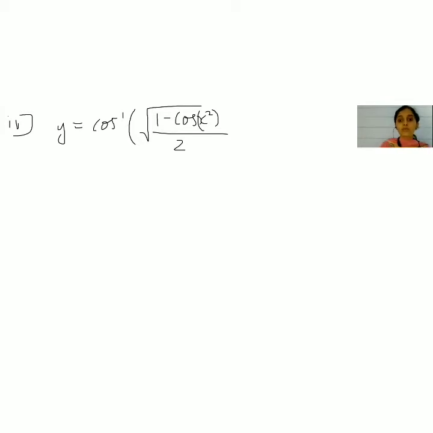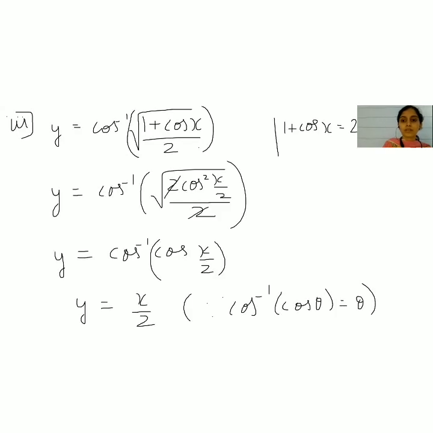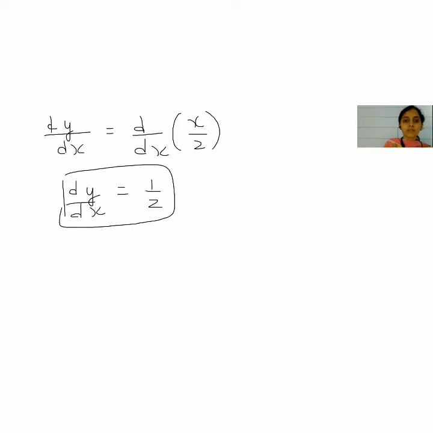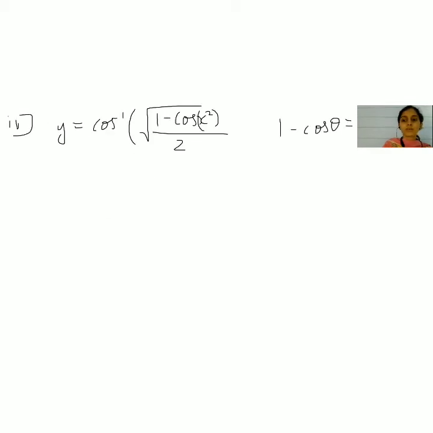The formula: 1 minus cos theta is 2 sine square theta by 2. We did one more similar formula in the previous sum, that is 1 plus cos theta is 2 cos square theta by 2. So now I'm going to use the formula 1 minus cos theta is 2 sine square theta by 2 here.